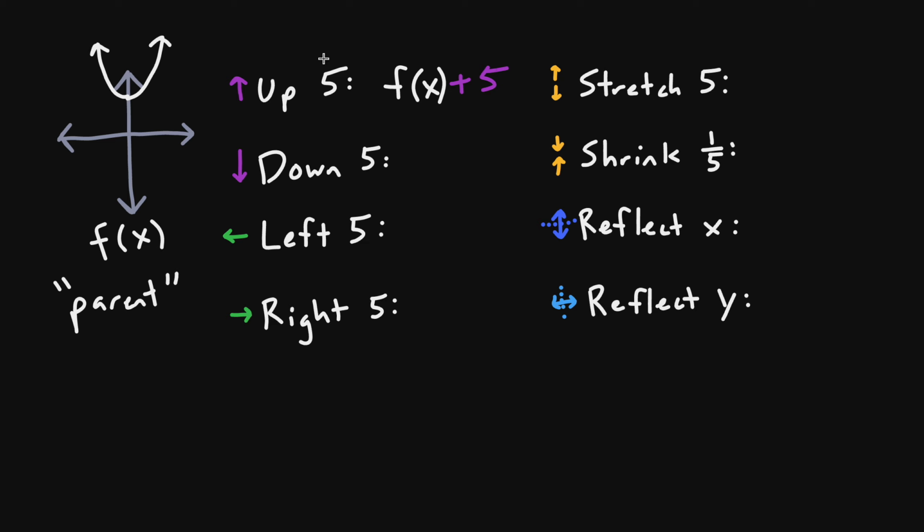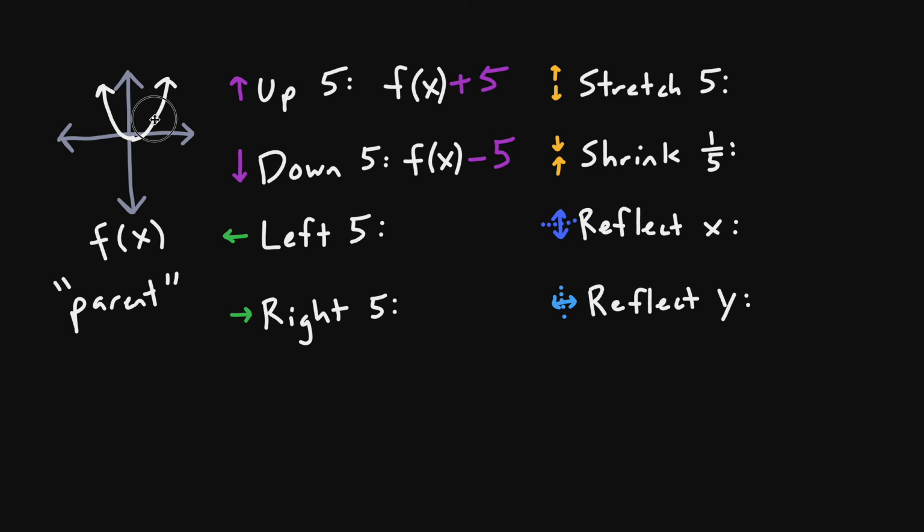You add 5 to all the y values to make it go up by 5. You might want to make it go down by 5, so go back to your original parent function, and if we want to shift it down by 5, I'm sure you can guess this. It's the same thing. Take f of x, but we want it to go down, so we subtract 5. Okay, that's not so bad.